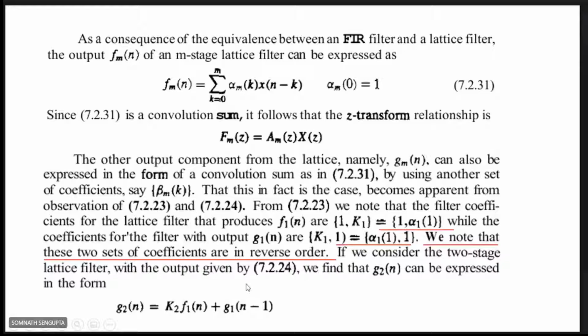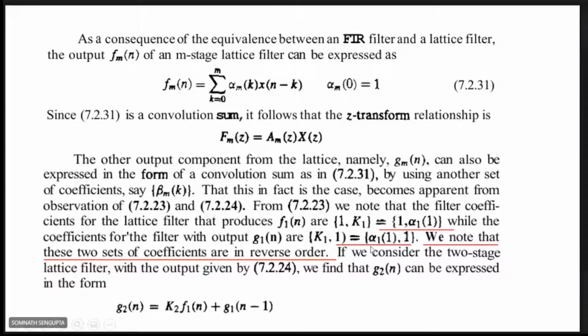Note the coefficients of the second output g1. For the first output f1, the coefficients are 1, K, equal to the direct form coefficients 1, alpha 1.